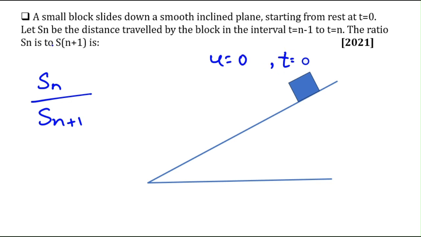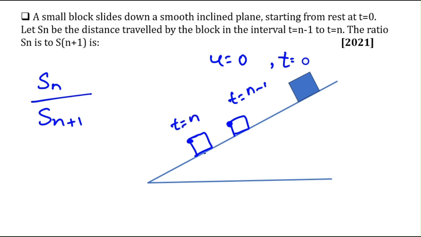Now, if Sn be the distance traveled by the block in the time interval n minus 1 to n, so let's say this block travels up to this point in time t equals to n minus 1, and it comes here in time t equals to n.